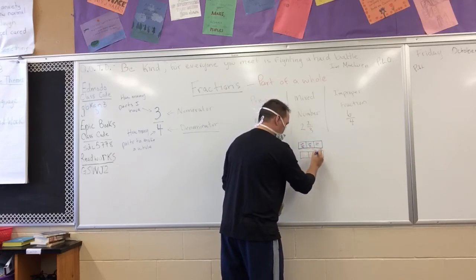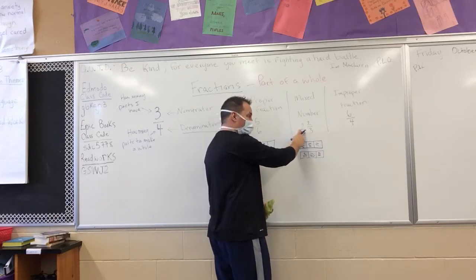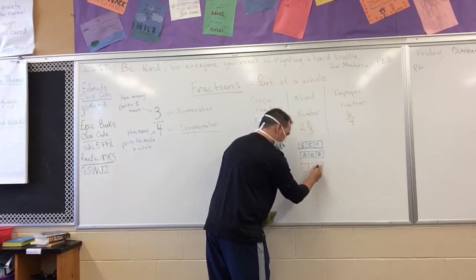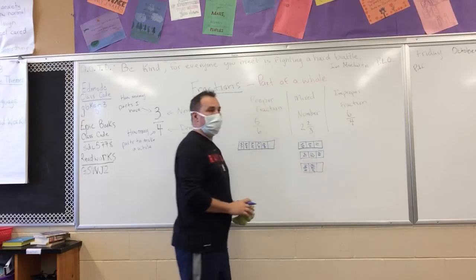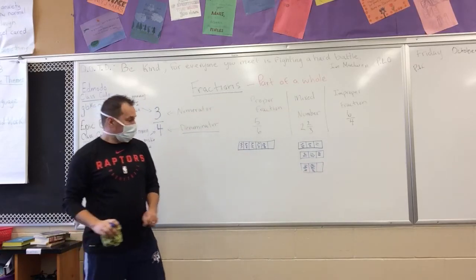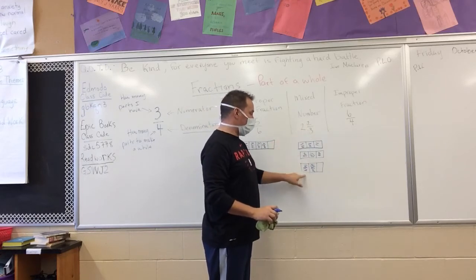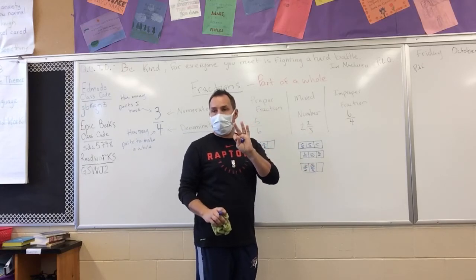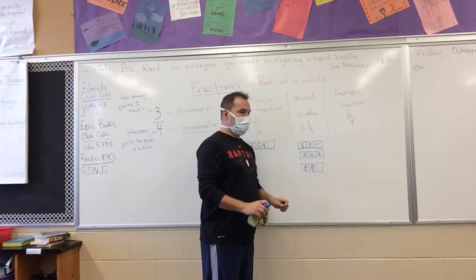We're going to write our 2 wholes that represent the 2 on the side, because we have 2 wholes, and then we're going to write 2 of 3. So we've got our 2 wholes that go on the side, and then 2 of 3 more. We know that it takes 3 to make 1 whole. Here we've got 2 wholes and 2 of 3.